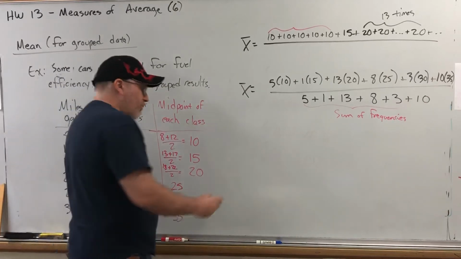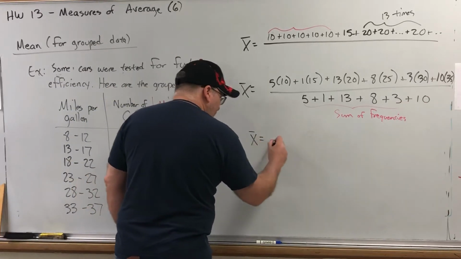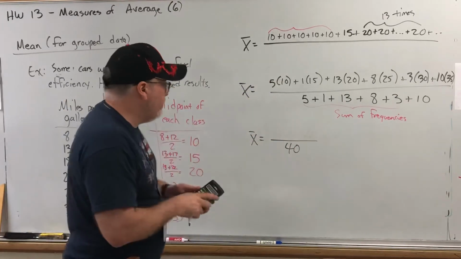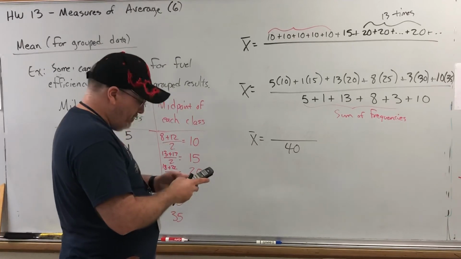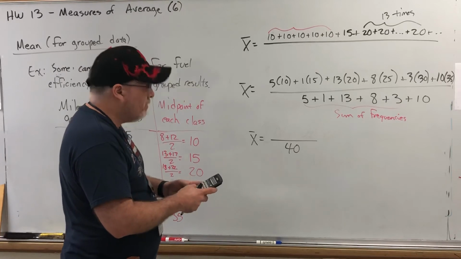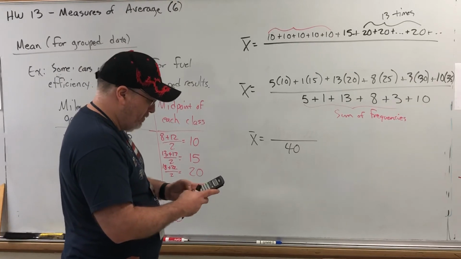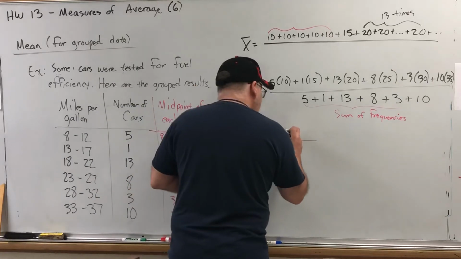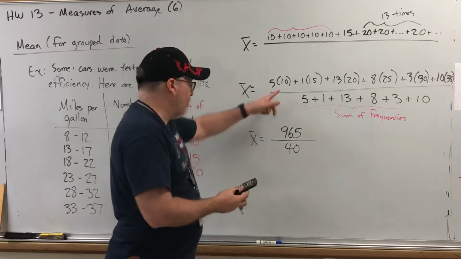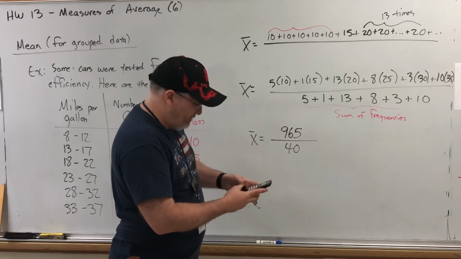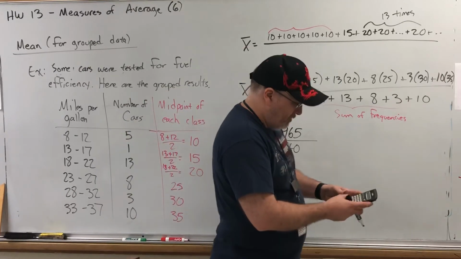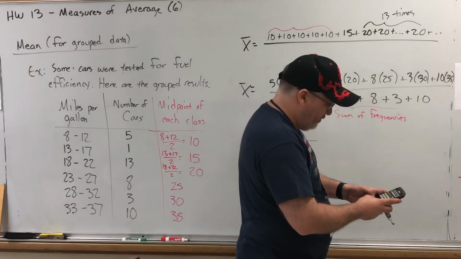Okay, so I think we got everything that we need. I know the sum of the frequencies is 40. I'm going to spare us the trouble of calculating the numerator. I'll just do it in my calculator. Let's see. 965. Let me do it again and make sure I didn't make a mistake. I'm actually just adding the products, so 50 plus 15 plus 260 plus 200 plus 900 plus 350.